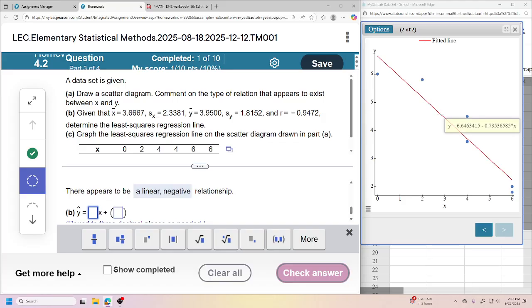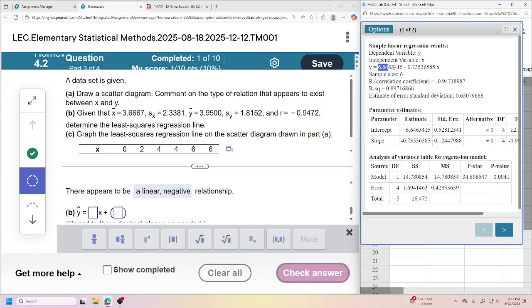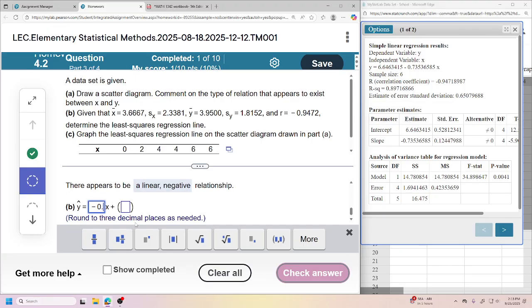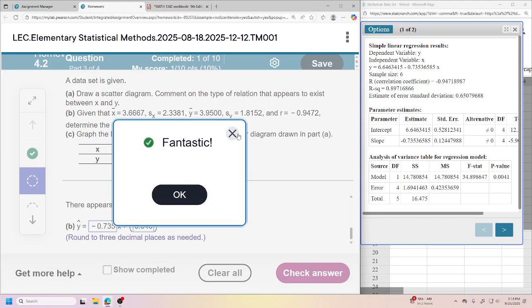So again, you can hover on this and get your two numbers. That's the easiest way to do it, but then I have to move. Or you can go back to page 1 and just look at your numbers up here. So I'm going to start typing it. You have to do the 1 next to the X, and notice that it's a negative. 3 decimals. Then the next one, 3 decimals. Bam.